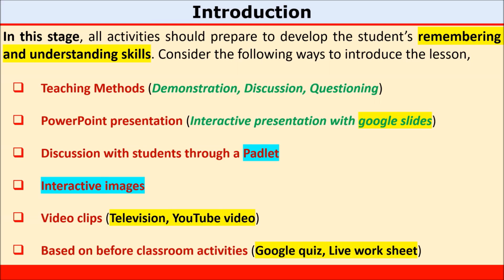For discussion, you can give a topic and start the discussion according to the topic. Then you can ask for some names of animals: please write down the names of animals you know. Discussion, then questioning.